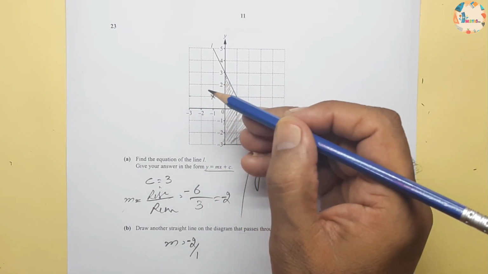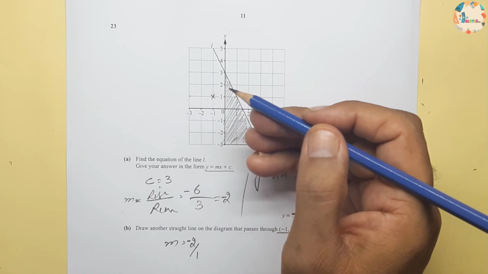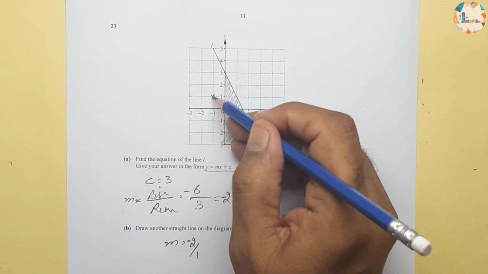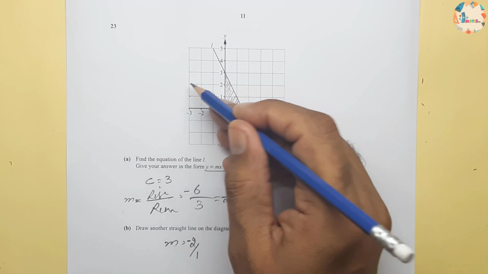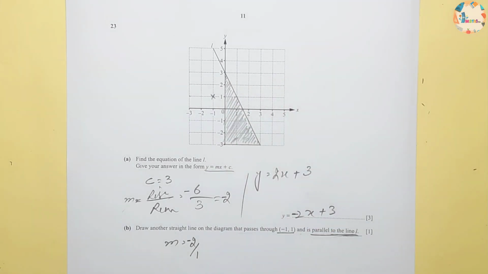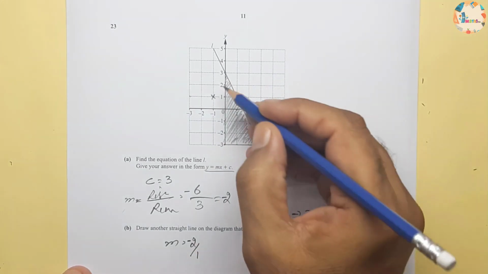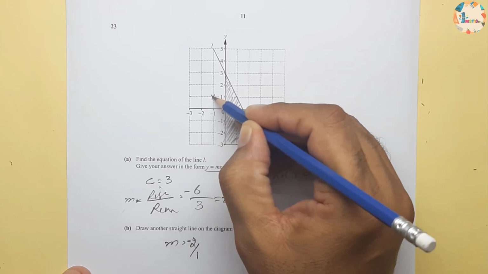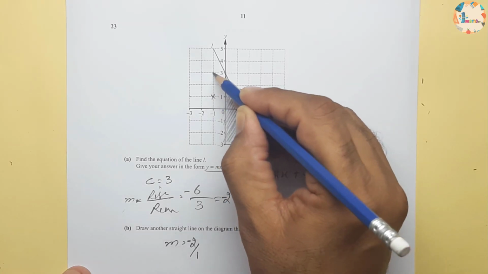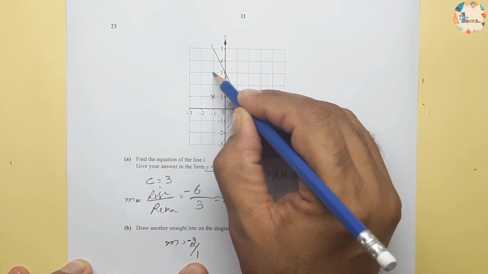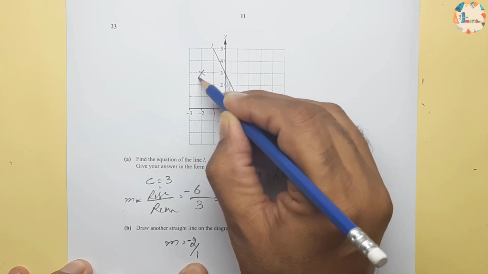So 1 unit up will be this one. So rise will be -2 units, and run will be 1.